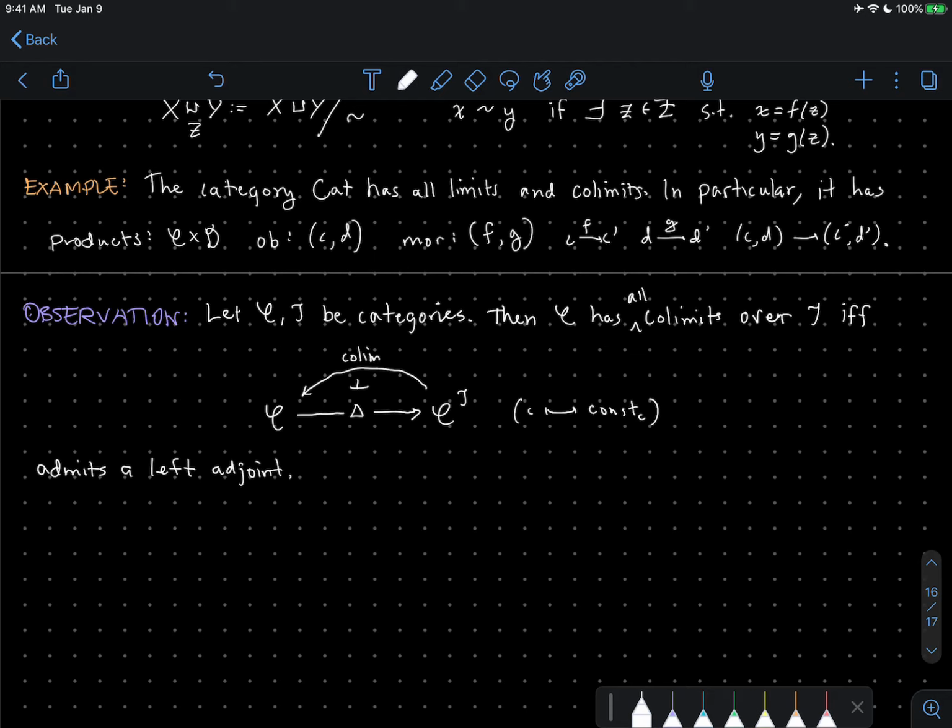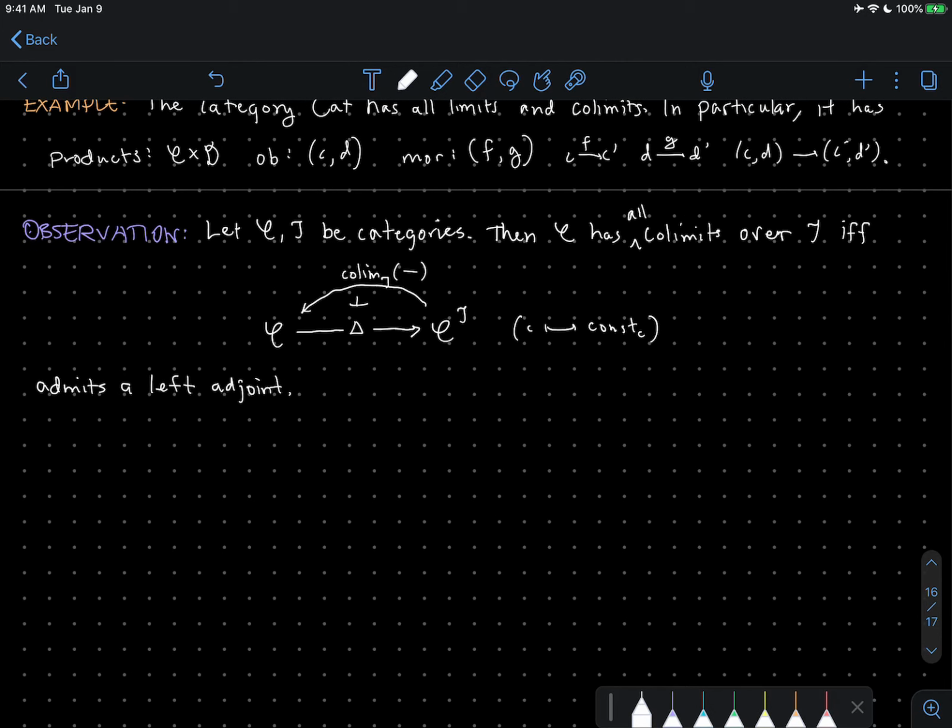And so this left adjoint is going to be called the colimit over I, where you plug in whatever your functor from I to C is. And the dual thing holds for limits. This is the limit over I. And this should be a little bit believable because both colimits and left adjoints are good for mapping out of.